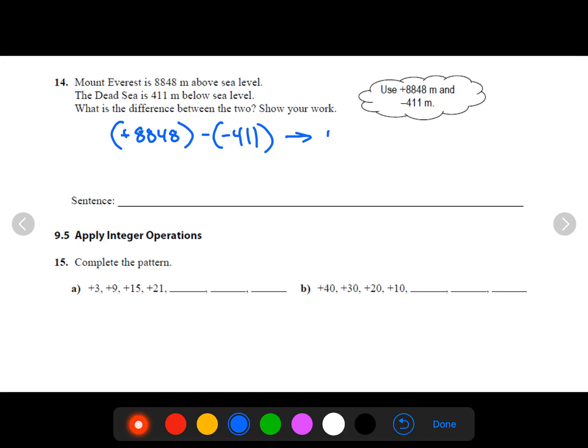We can rewrite that as 8848, adding the opposite, like that. And then that will give us an answer of positive 9,259 meters.